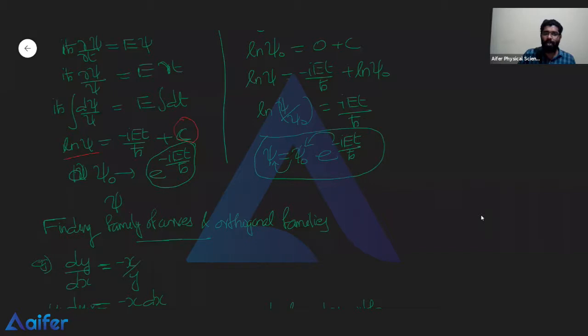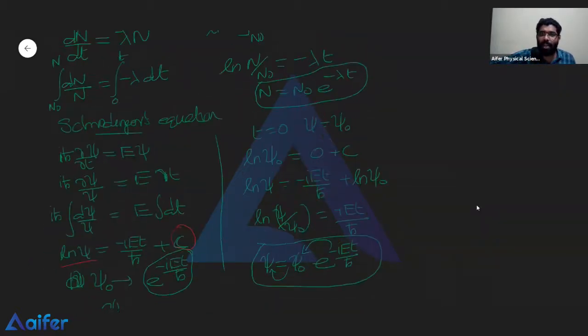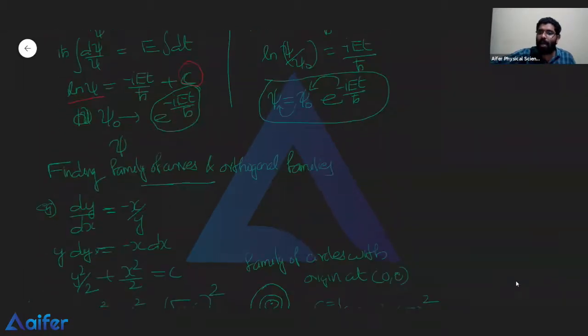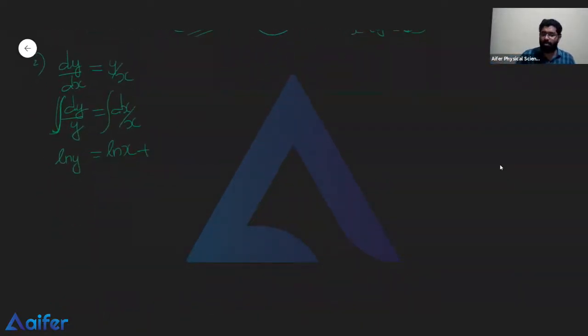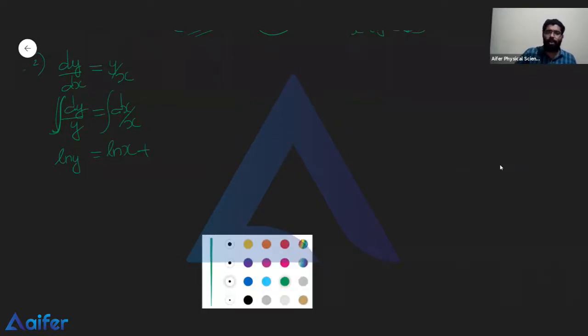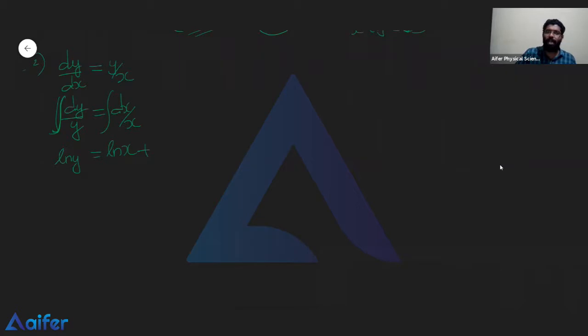Even though I use c as a constant, upon applying the boundary condition, you will get the same constant. But here no boundary conditions are given, so mathematically it is easy for me to solve if I use log as a constant. So log c.